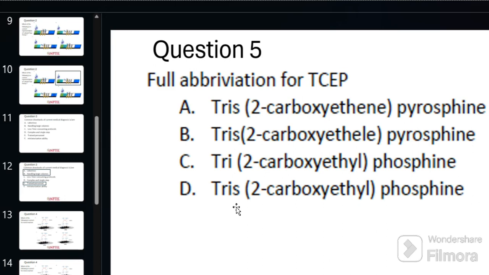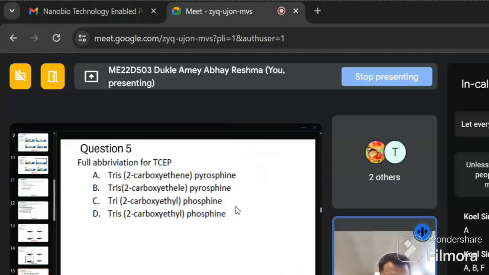Tris(2-carboxyethyl)phosphine, tris carboxyethyl phosphine. So any guesses, or does anyone know the answer?